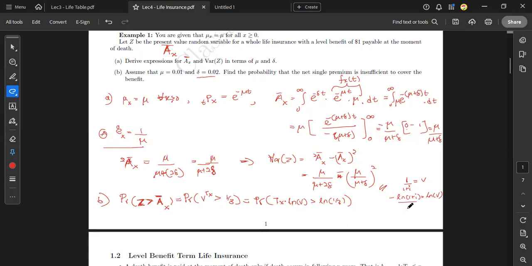So this is equal to negative 0.02. So if you divide both sides by negative 0.02, Tx is less than, now because we are dividing by a negative value, the inequality flips, and it is 1 over.